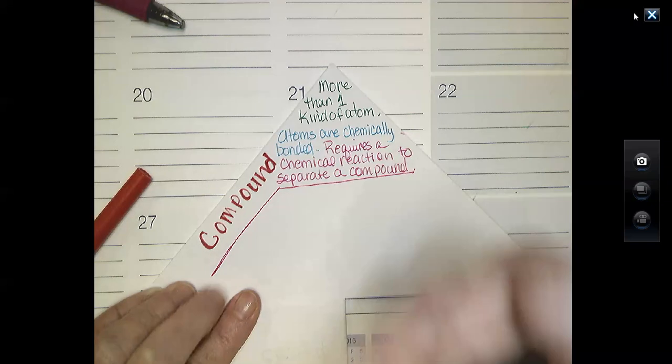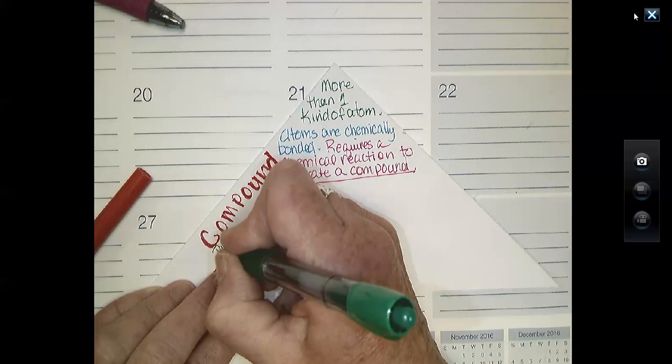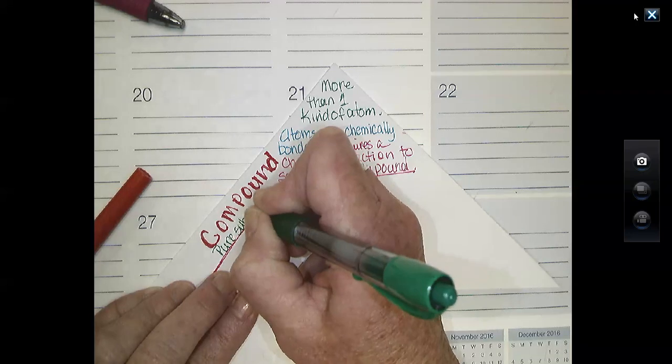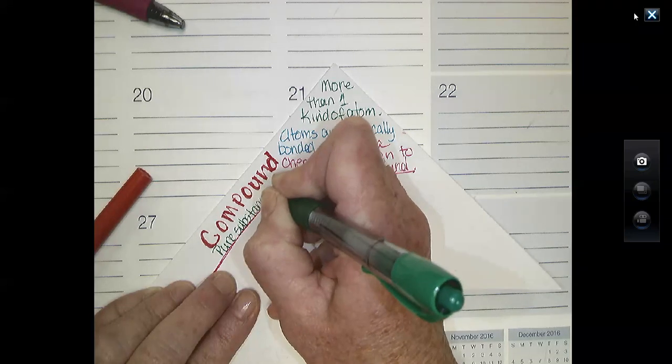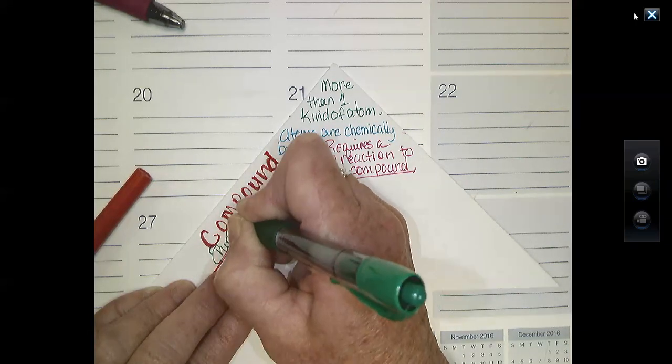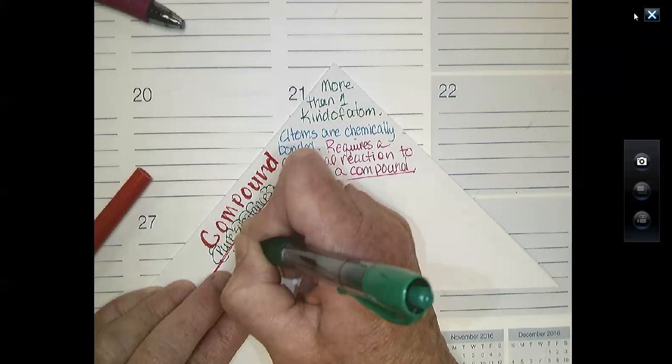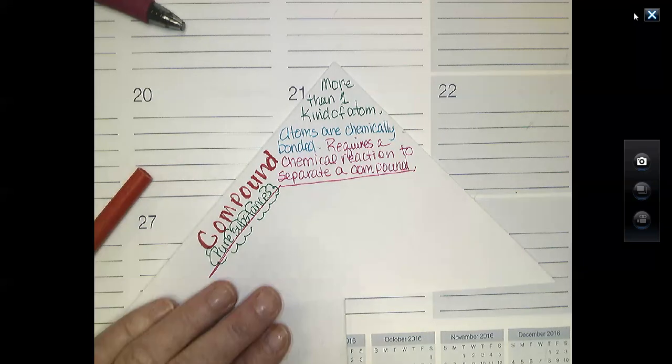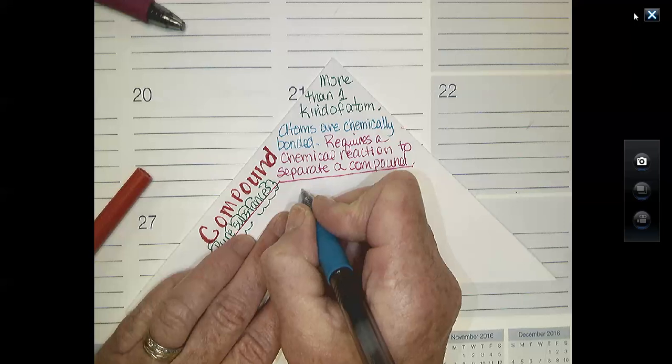Okay? Compounds are also called pure substances, just like elements are referred to as pure substances. Okay, so an example of a compound would be, for instance, water.